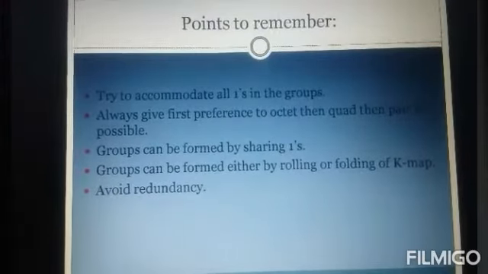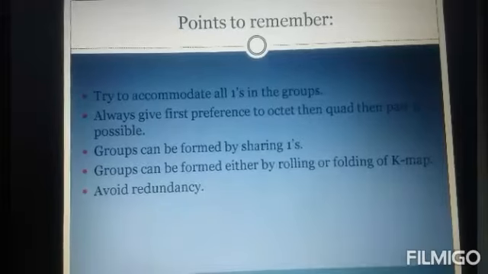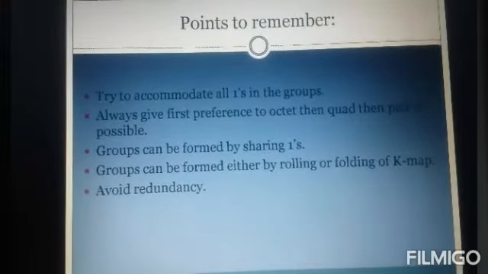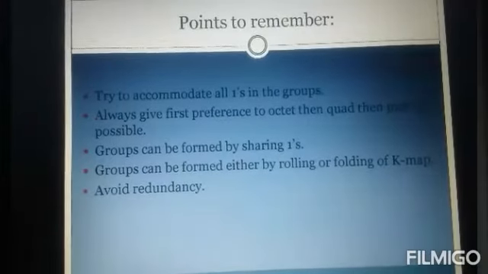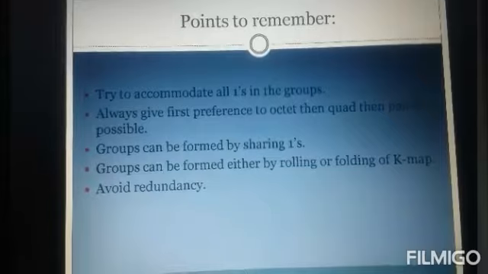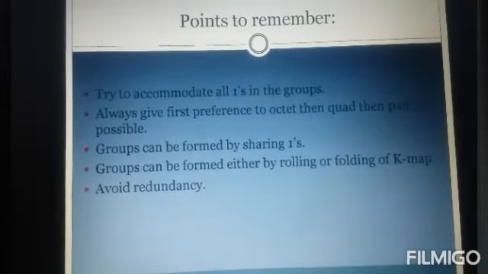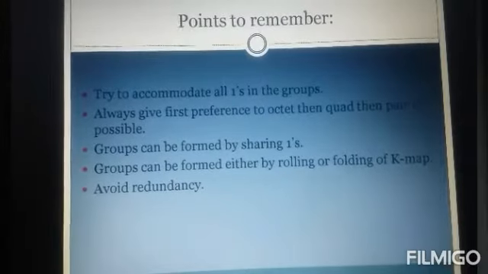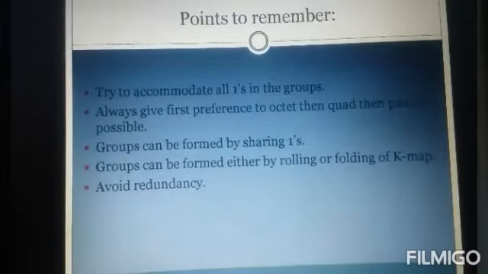The next point, groups can be formed by sharing ones. We have to form groups by sharing ones, or we can say we can form groups by sharing zeros. If only 1 one is left, then take a 1 from another group and create a group. You are not supposed to leave any one.